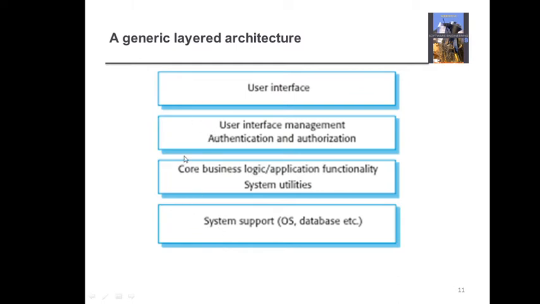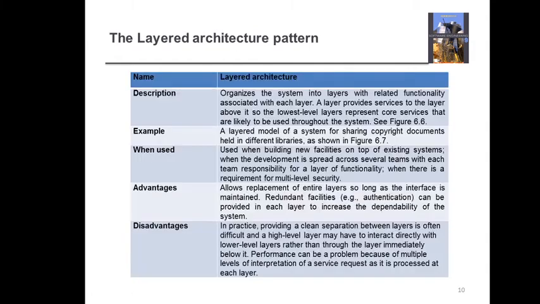That means intermediate layers are getting involved. So unnecessarily we are wasting time passing the request through these intermediate layers, and the response is also given through these intermediate layers. There is no mechanism for one layer to directly interact with the lowermost layer, skipping the layers in the middle. So again, more time and cost will be required here.